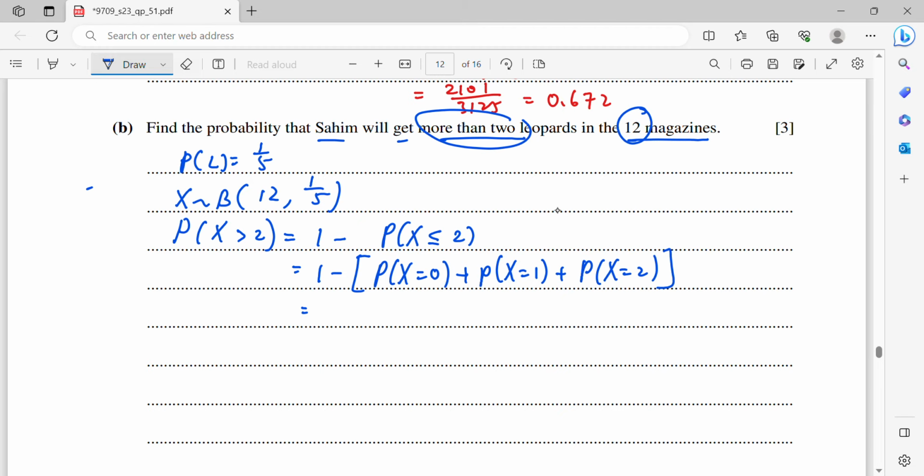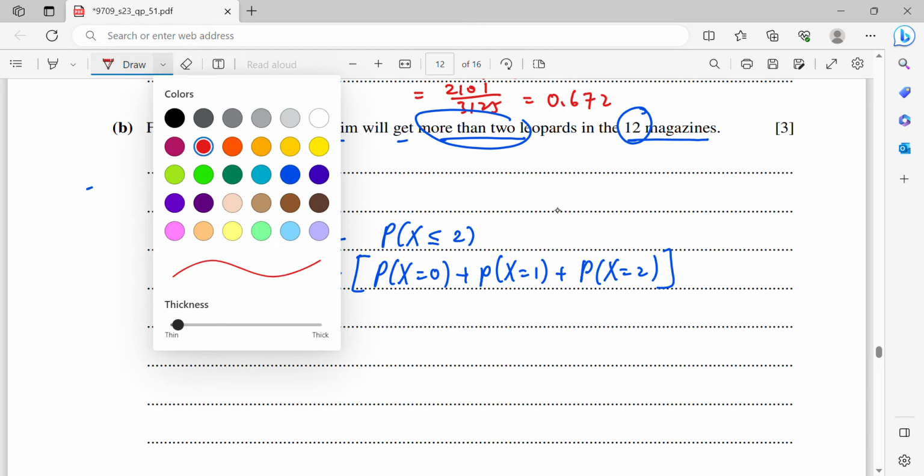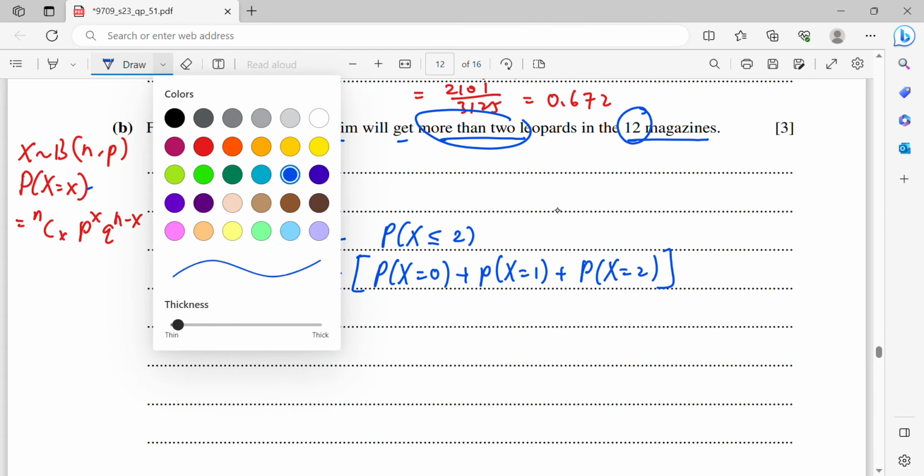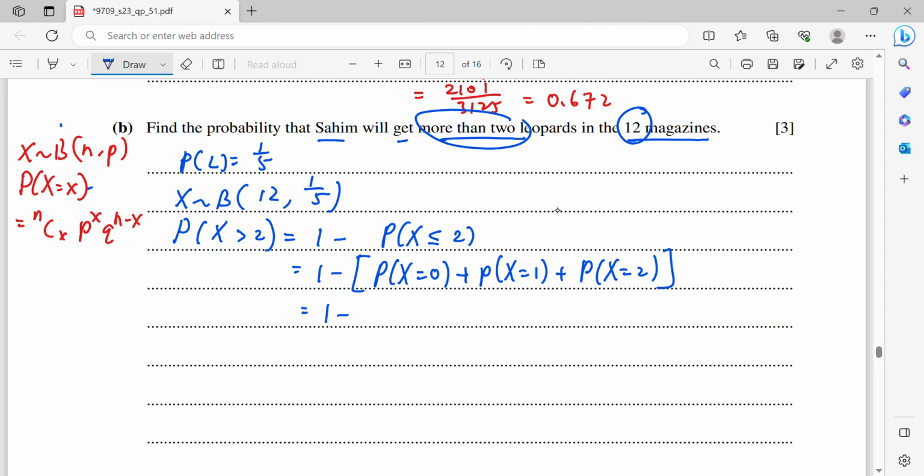Okay, so for binomial distribution, the formula is X follows B(n, p). The probability X equals small x will be nCx p^x q^(n minus x). So by applying this formula, 1 minus 12C0.